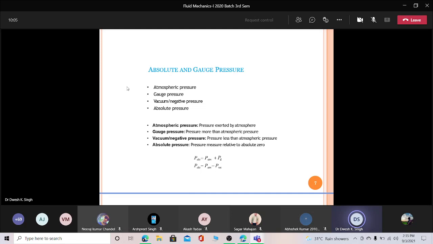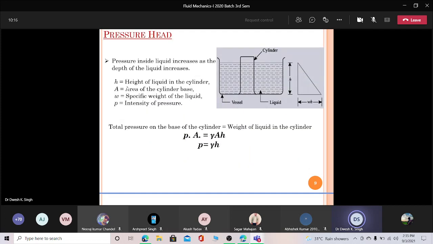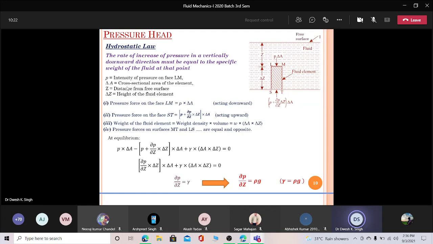All these different types of pressure we discussed in the last class, and then we saw how the pressure head comes into the picture and the mathematical expression for the pressure head. And yes, we have completed this hydrostatic law, and I think we stopped after completing it.